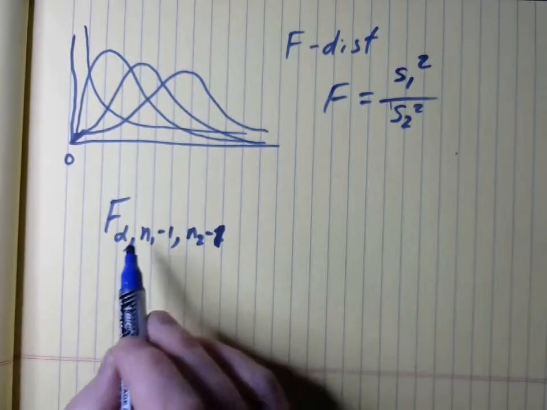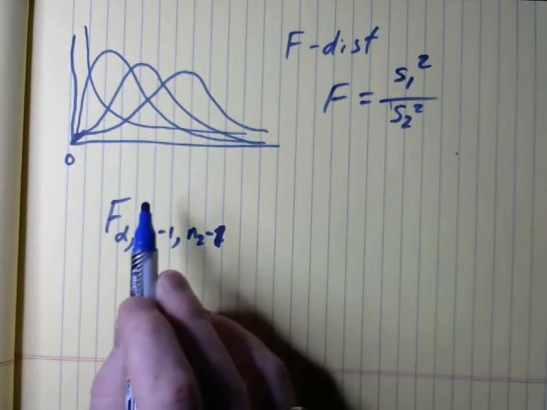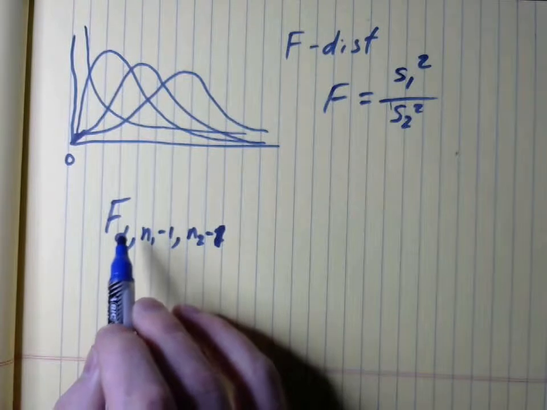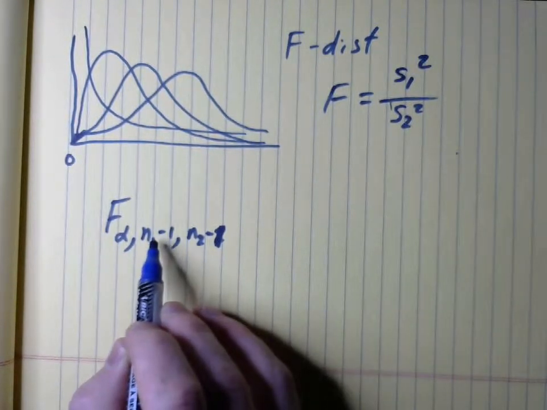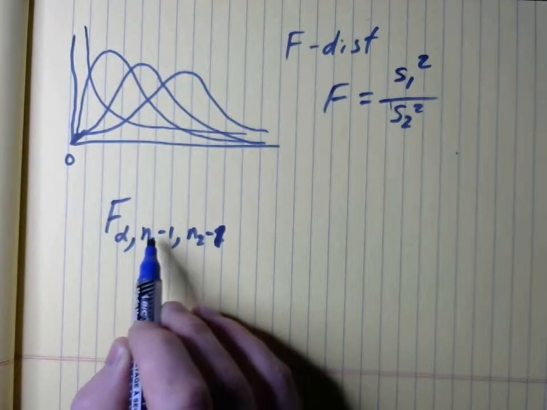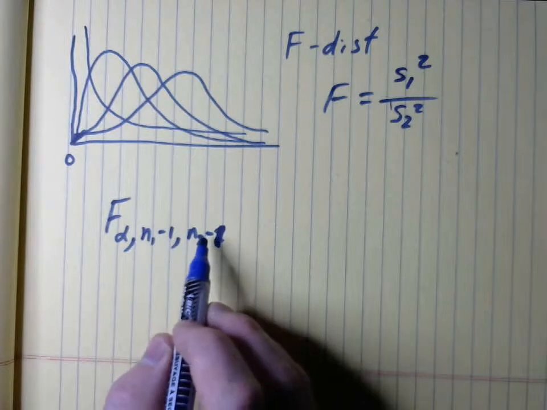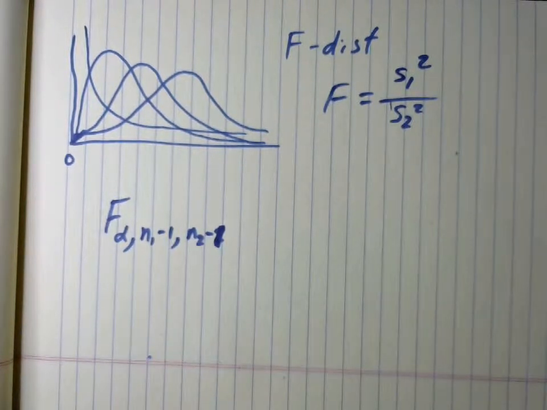So you have these subscripts. The F value is dependent on alpha, our level of significance, the sample size of our first variable, and then the sample size of our second variable. That will tell you what your F value is.